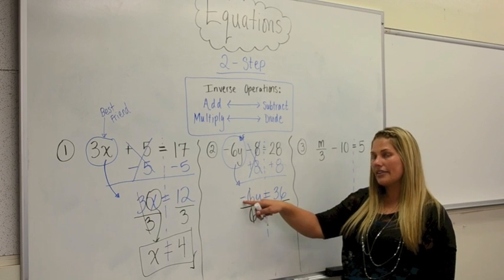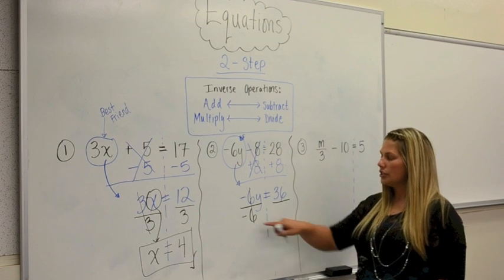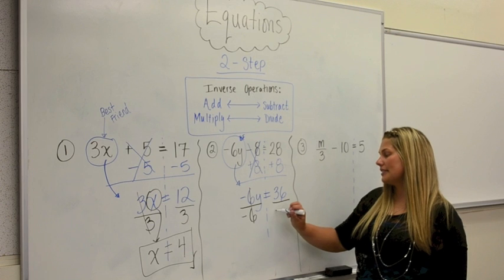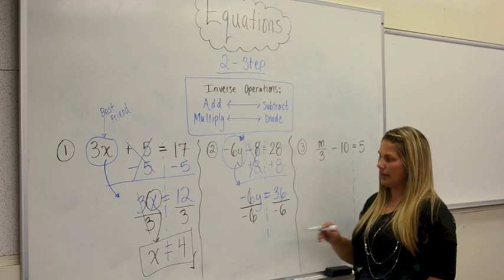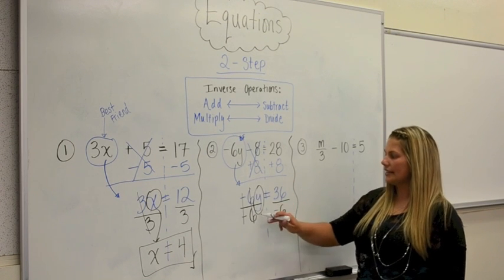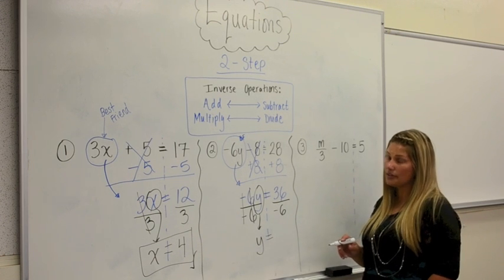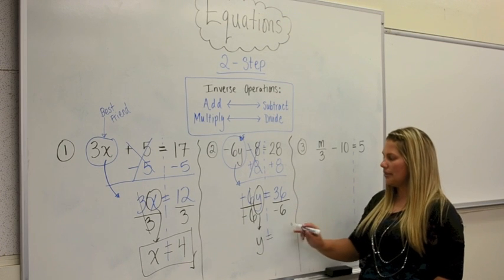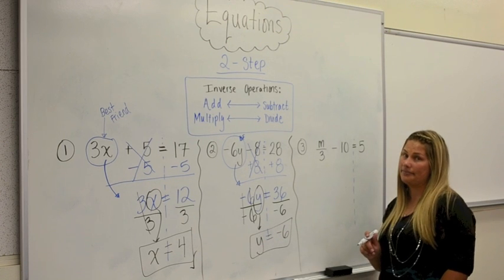That means if I have a negative on the top, I also need a negative on the bottom. So if I'm dividing by -6 on the left side, I also have to divide by -6 on the right side. So those two negatives cancel out, and I still have y equals, and 36 divided by -6 is -6.